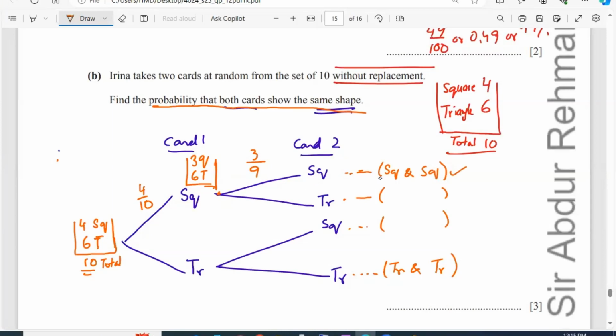We need the square and square probability and the triangle probability. Now finding the probability for the triangle: 6 over 10 for this part. If we go back to the starting point, now one triangle is gone, so 5 triangles and 4 squares. So for this triangle, we can write 5 over 9.